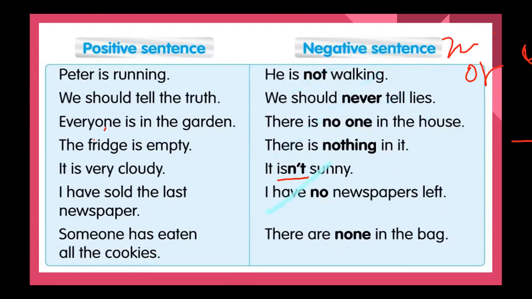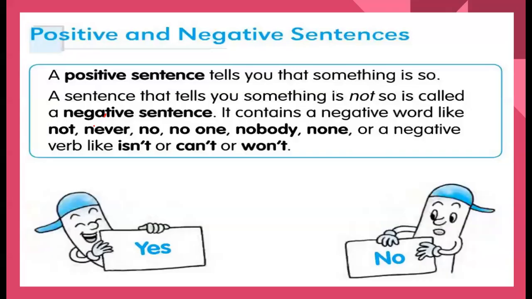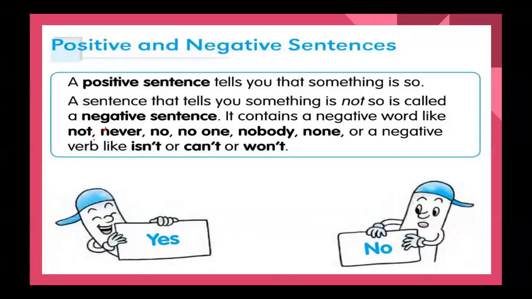Yes, ma'am. I want somebody to read out positive and negative sentence. Who didn't get a chance? Please read out positive and negative sentence. A positive sentence tells you that something is so.